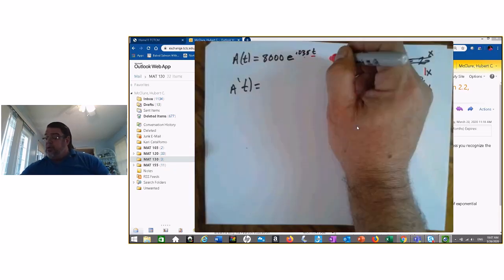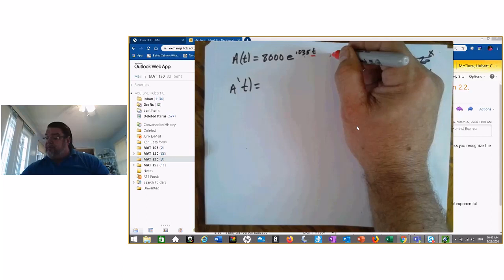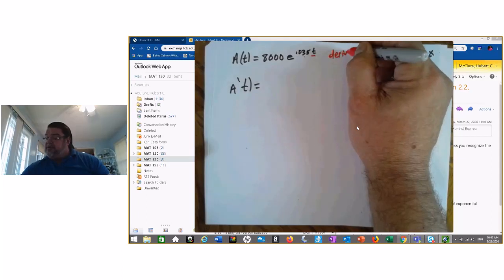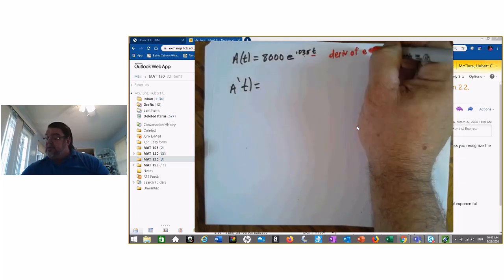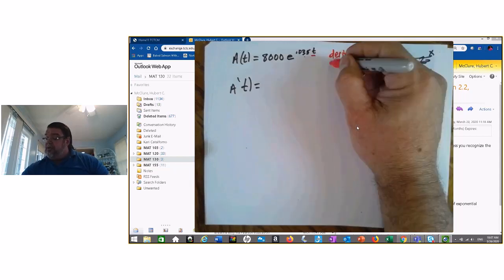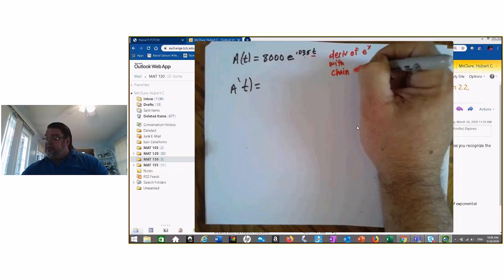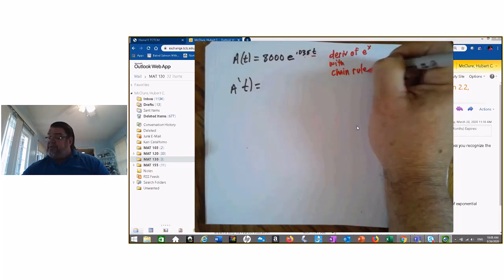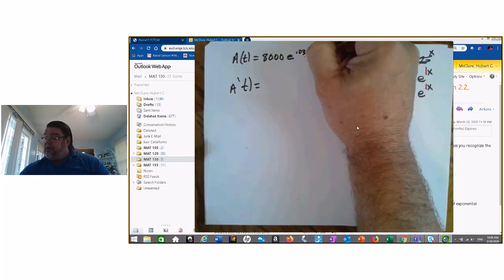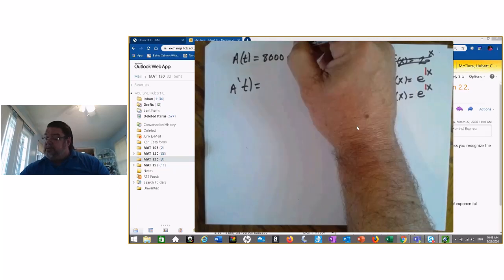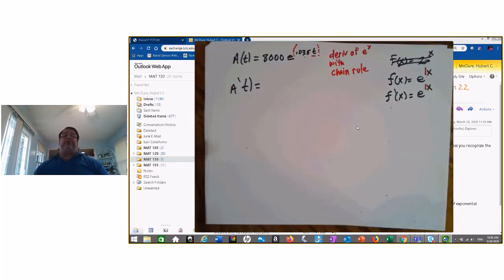So here, we're going to have to do the derivative of e to the x with chain rule. That means I take the derivative, and then I have to take the derivative of what's inside the parentheses. So I'm going to put imaginary parentheses around that. The 8,000, I'm just going to pull out because it's a constant.